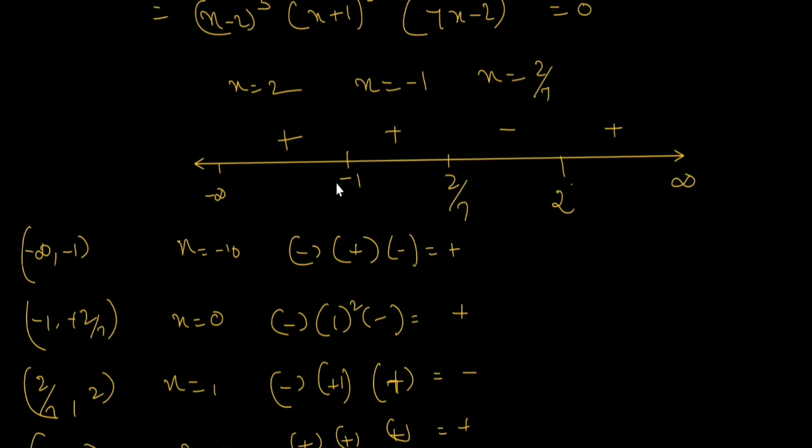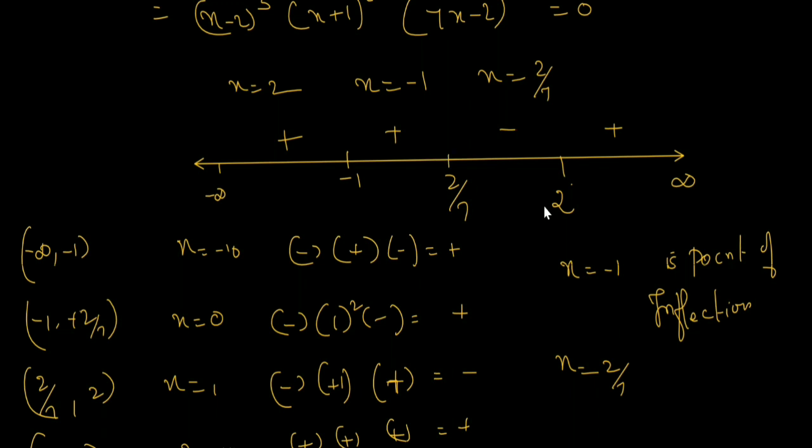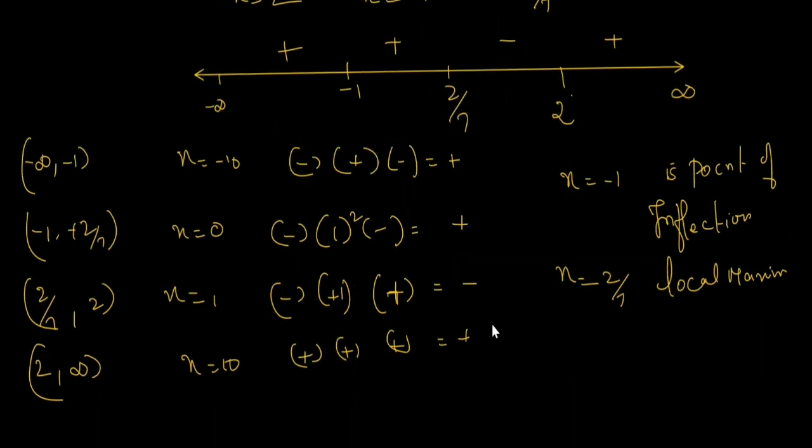So from this minus here there is no change of sign. So x is equal to minus 1 is the point of inflection. There is no change of sign. At x is equal to 2 by 7, positive to negative is local maximum. When f dash of x changes from positive to negative, it is maximum.